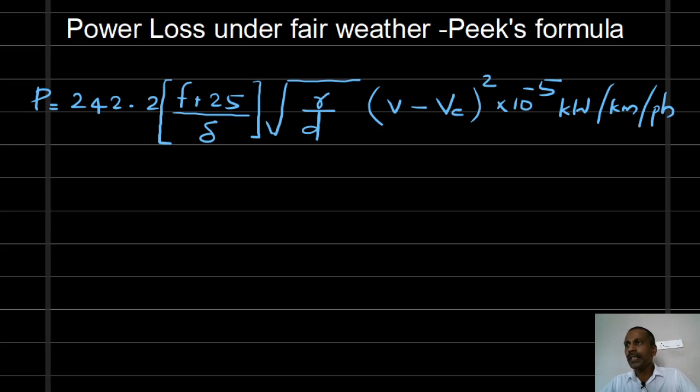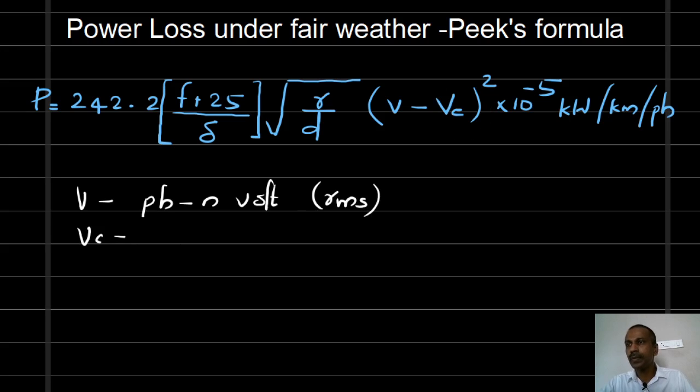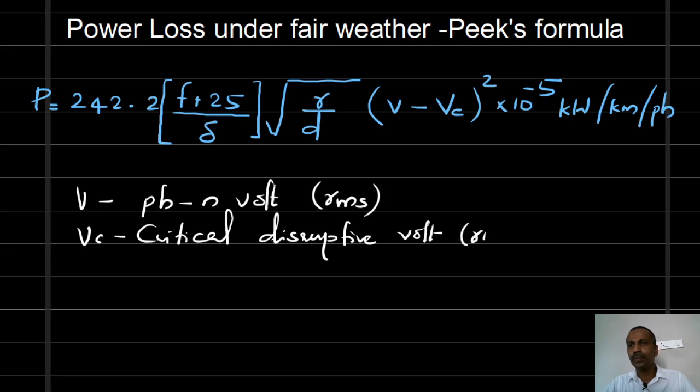Here V is the phase to neutral voltage, the RMS value, and Vc is the critical disruptive voltage. This is also in RMS value.